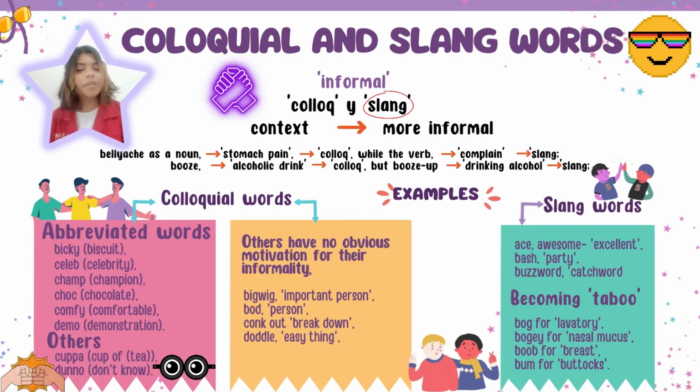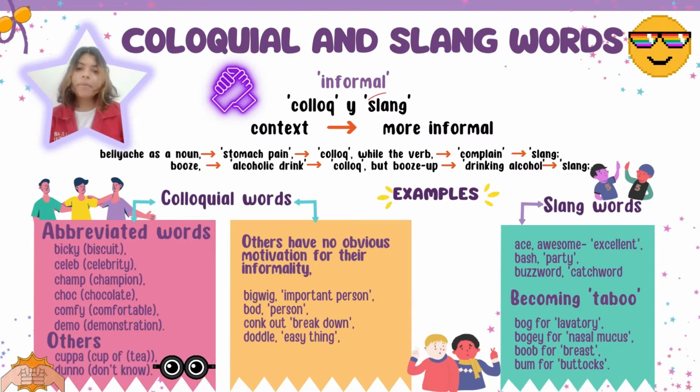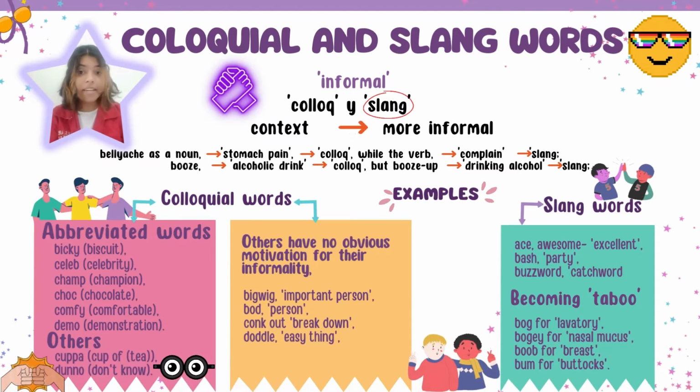For instance, bellyache as a noun meaning stomach pain is marked as colloquial, while the verb meaning complain is marked as slang. Booze meaning alcoholic drink is colloquial, but booze up is slang. The colloquial category includes words that are abbreviated for informal effect.